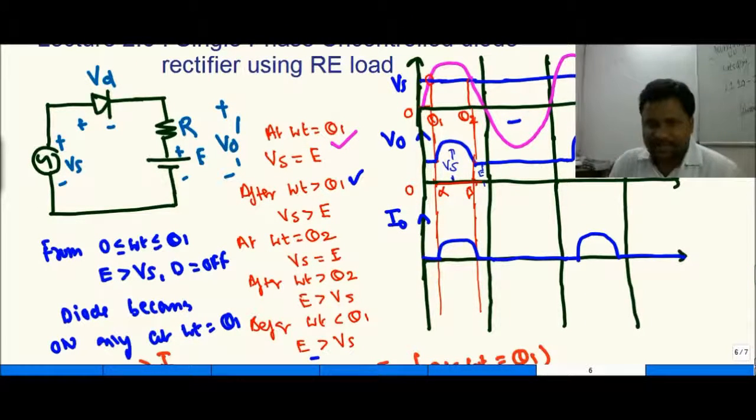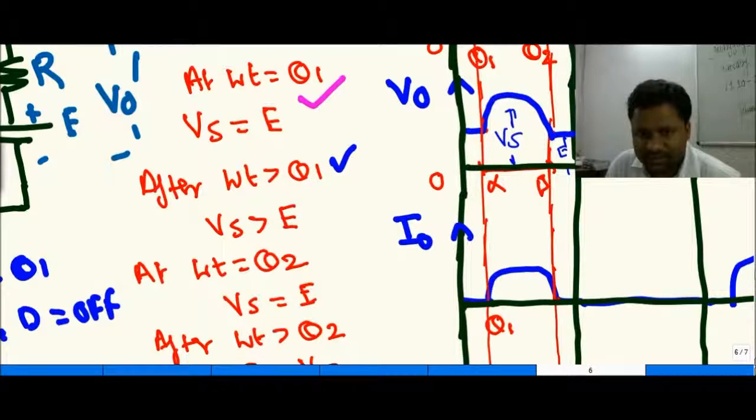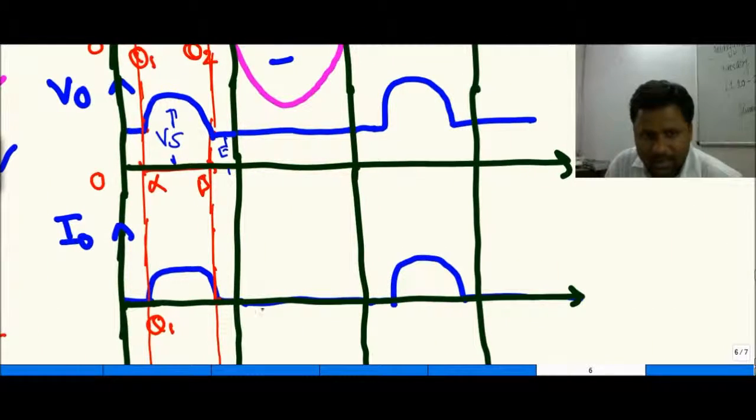In other words, we can say that this is angle theta 1 and this is pi, so this is basically pi minus theta 1. This is theta 1 from this side, this is pi, and this is also theta 1.